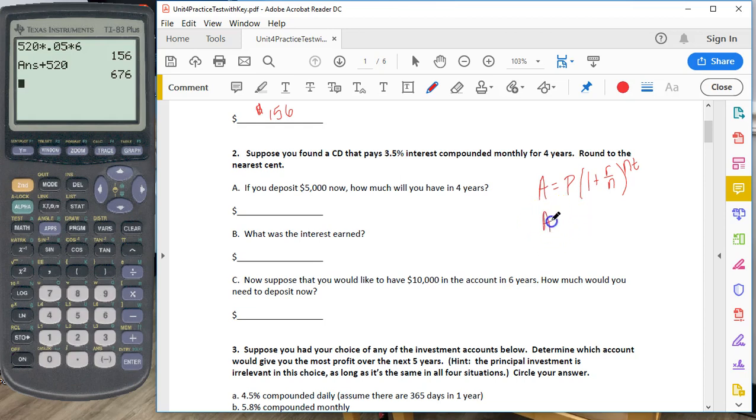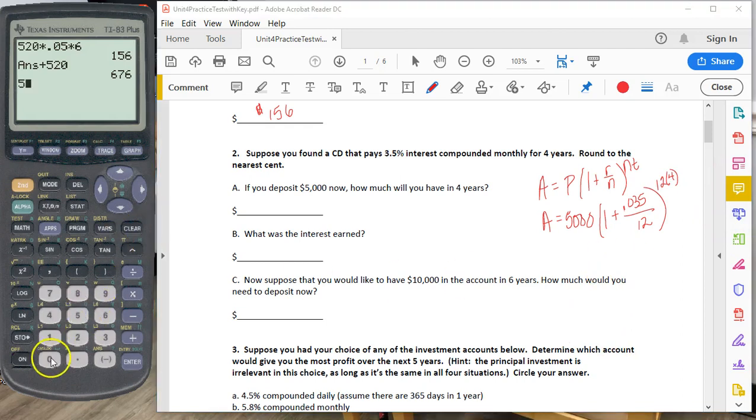So this is going to be 5,000. 1 plus the r as a decimal, 0.035. Monthly means I have 12 compounds, and we're going to let this go for 4 years, and then of course it's 12 times a year.